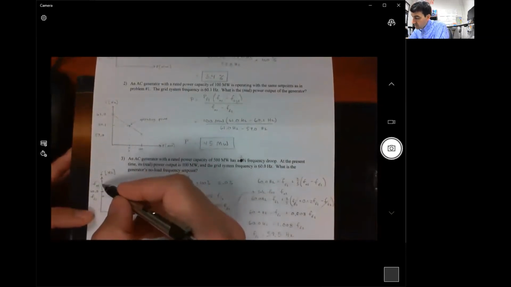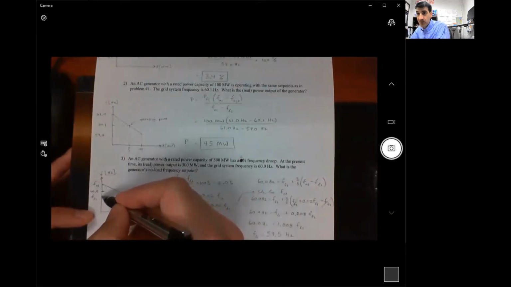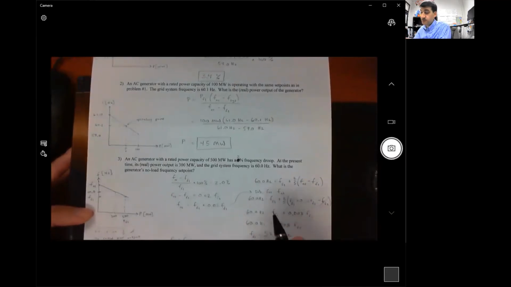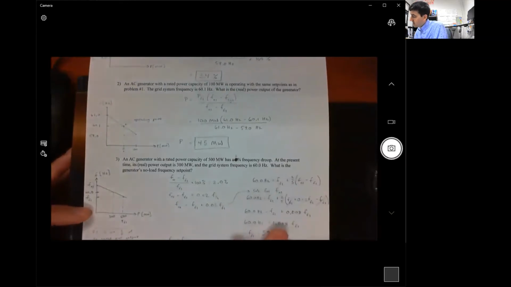And if we're 3/5 along the curve in the horizontal direction, we must also be 3/5 of the way along the curve from no load frequency to full load frequency. So this point must be 3/5 of the way from here to here. That's what I mean by the graphical intuition that I'm going to use here to actually solve the problem.